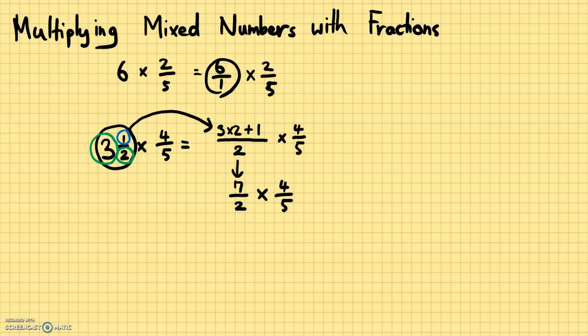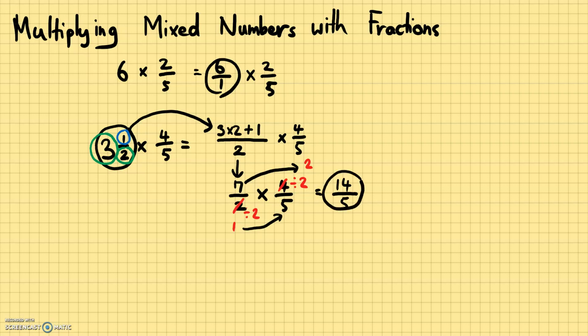And now you can just simply multiply. Here we can cancel the 2 and the 4. You can divide them both by 2. So now this becomes 1, 4 becomes 2. So we have 7 times 2, which is 14, and 1 times 5, which is 5.